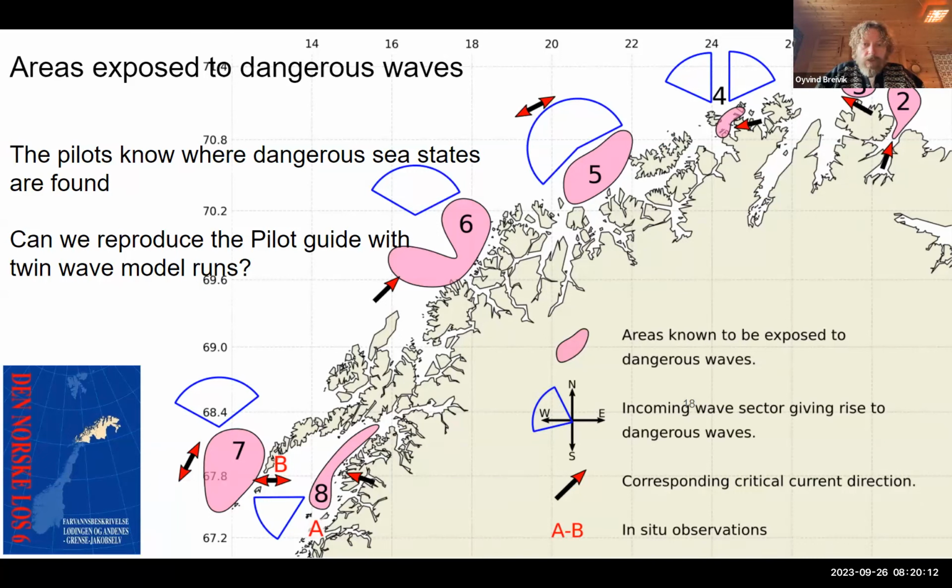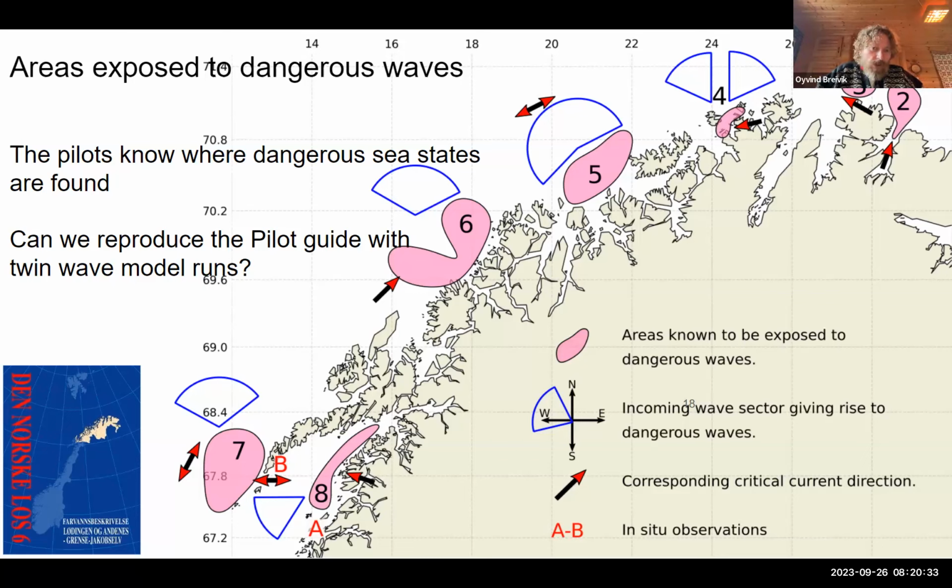complicated navigation. And what you're seeing here is a map which is taken from the Norwegian Pilot Guide, which highlights a number of so-called dangerous areas for seafarers, and it's related to complex sea states and wave current interaction.